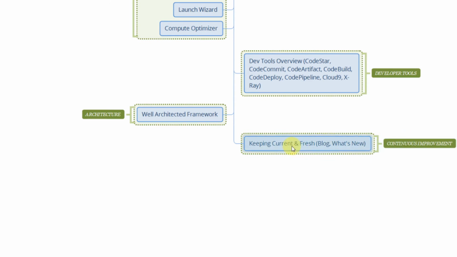So stay current, look at the AWS blogs, and there's a What's New channel where latest features and improvements and pricing reductions are announced. This will help you keep your architecture optimal. Imagine the architecture to be a living, breathing thing, and you need to continuously monitor and optimize.